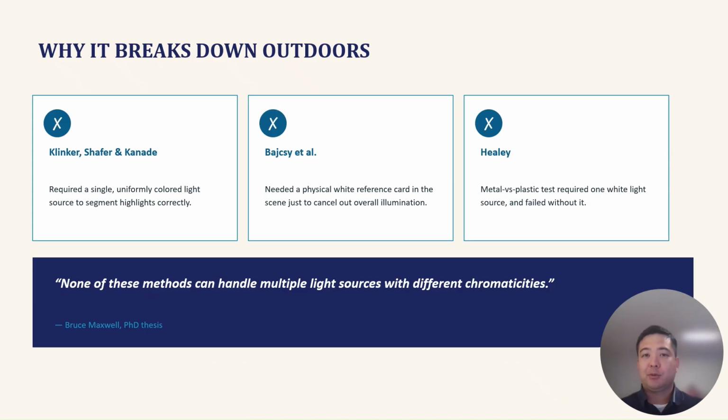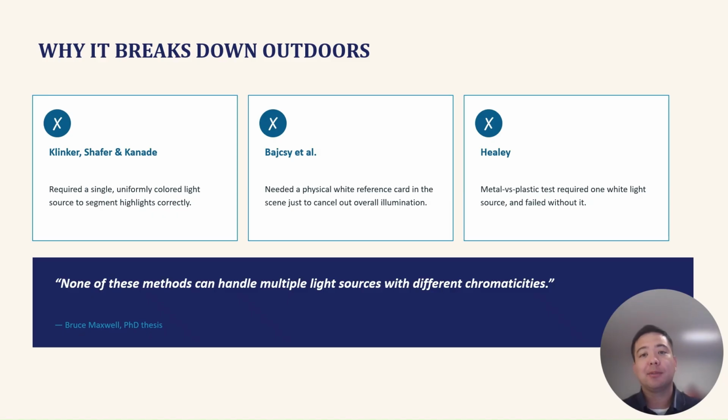Why it breaks down outdoors. So here's a concrete example of this problem from Professor Maxwell's own PhD thesis on image segmentation, which is about figuring out which pixels in an image belong to the same object.